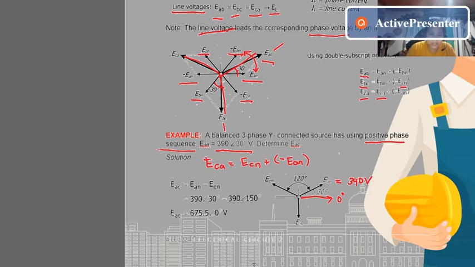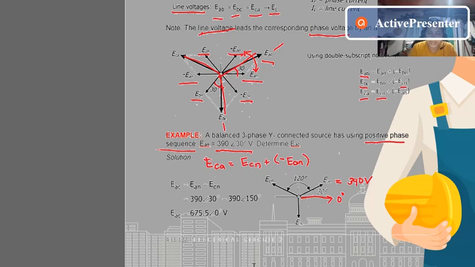So, therefore, baliktad na ni. So, una man ang atong A, therefore, kining EAN na given, una siya, which is 390 with an angle of 30 degrees.